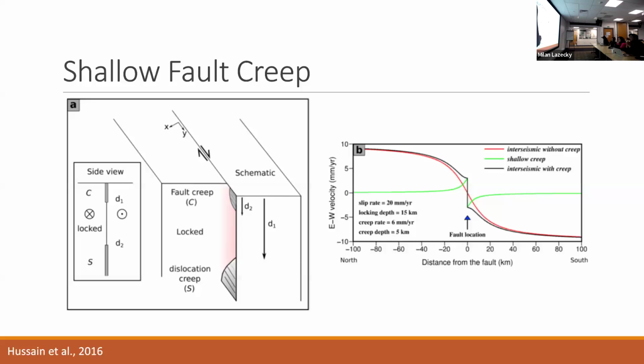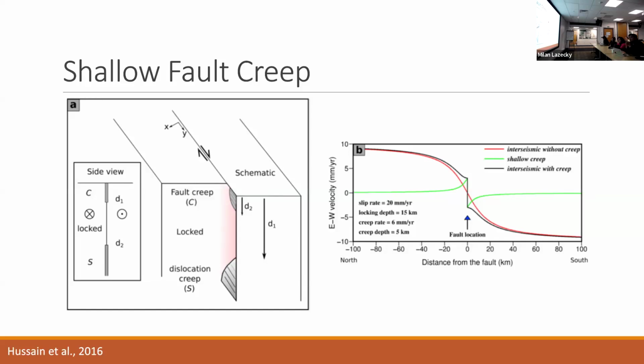So just to say what that creep is and is not, the interseismic shear zone at depth below 15 kilometers, this dislocation creep down here, that's your slip rate. When we say fault slip rate, we mean that. This bit's the locked bit, not doing anything. It's accumulating strain, stressing the fault, and that is being relieved by some fault creep because the fault properties are a bit different here.